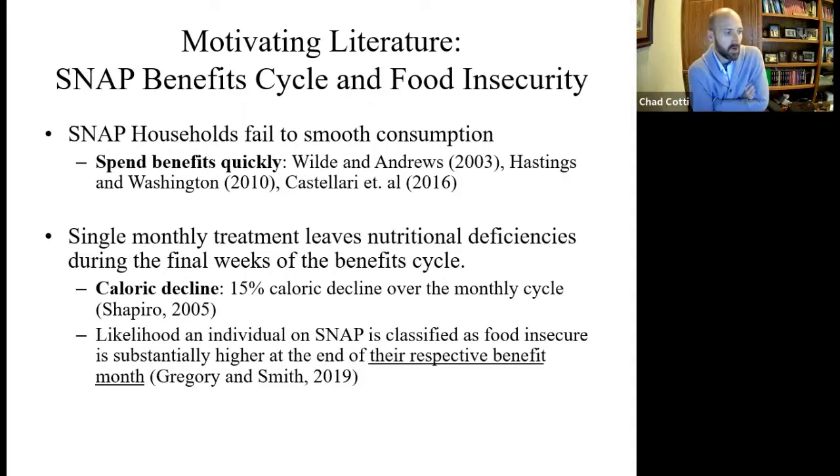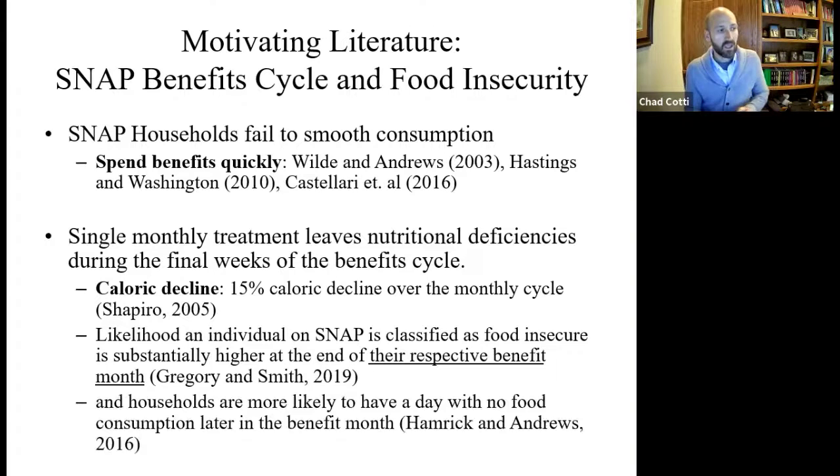A recent paper by Gregory and Smith finds that the likelihood that an individual on SNAP is classified as food insecure is much higher in their respective benefit month. And households are much more likely to have a day with no food later in their consumption month. So we see that there is this lack of smoothing within the benefit cycle.